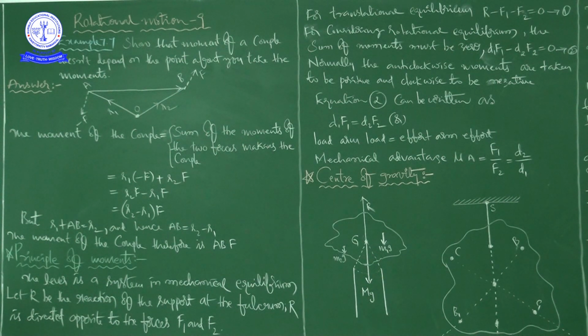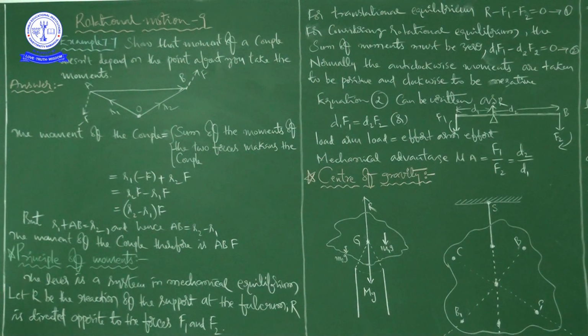An ideal lever is essentially a light rod pivoted at a point along its length. Just imagine, see this picture. When I say this, observe here, the lever is a system.